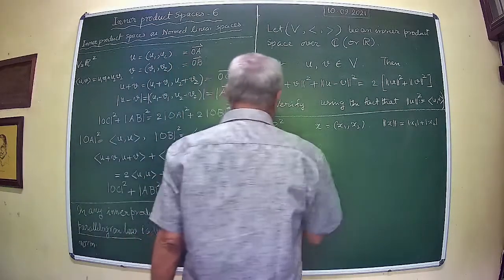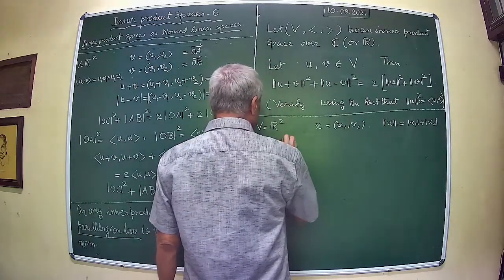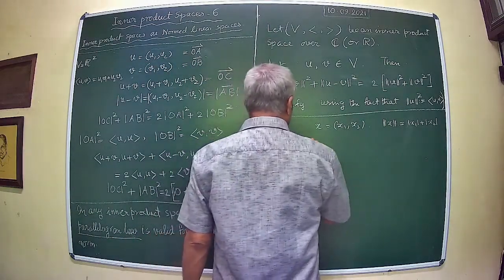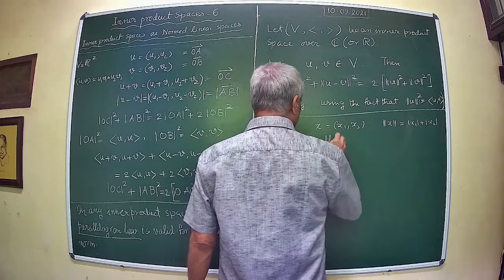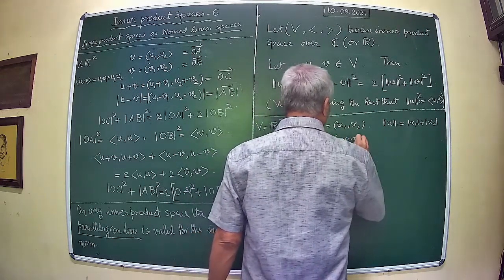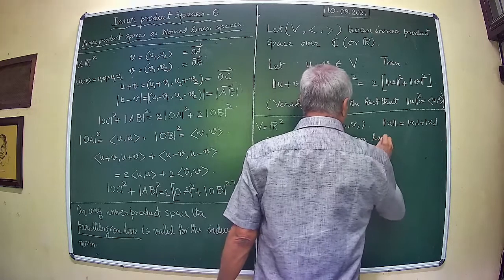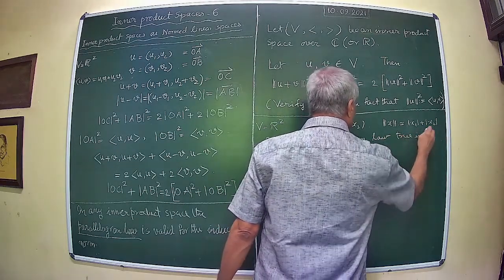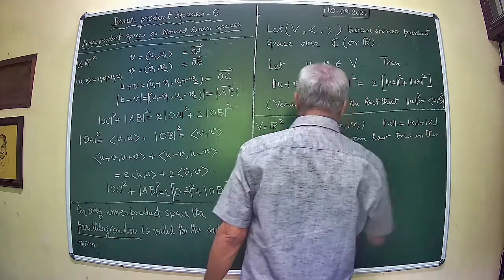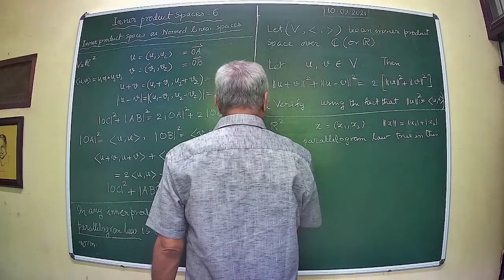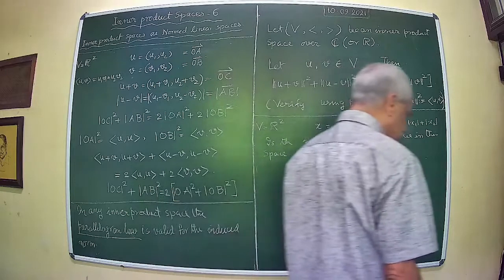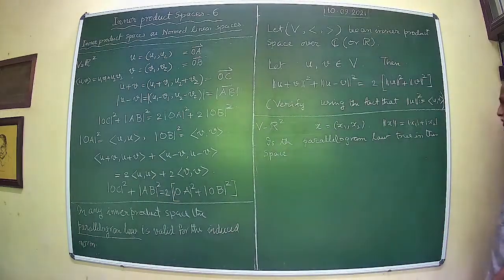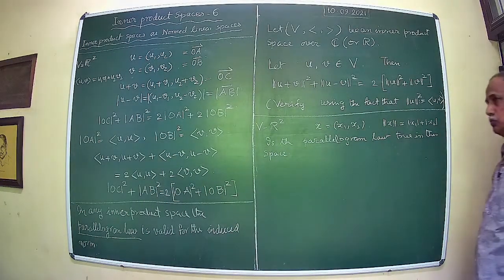Now the question is whether the parallelogram law holds. Now it is sufficient to show that there exist vectors for which this is not true.